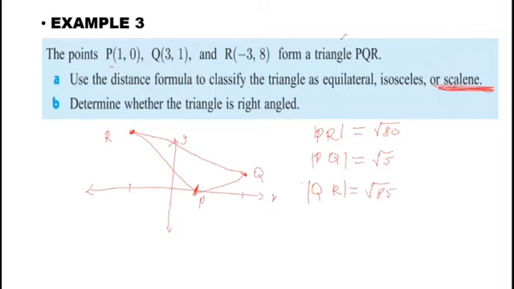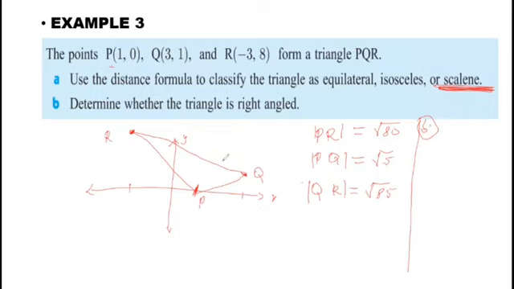Now, the next question says that we should determine whether the triangle is a right triangle. So to answer this, we have to use the converse of the Pythagoras theorem, because if it is a right angle triangle, then the square of the longest side should be equal to the sum of the squares of the other 2 sides.